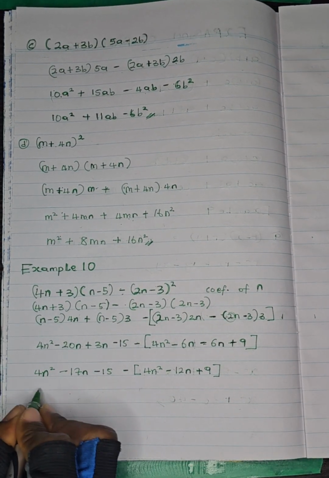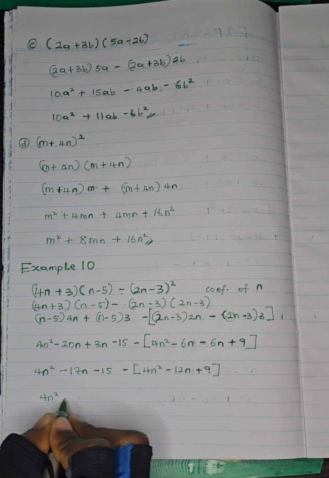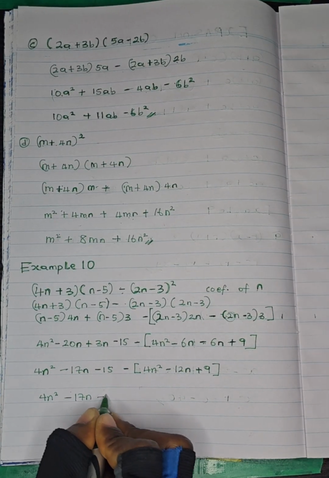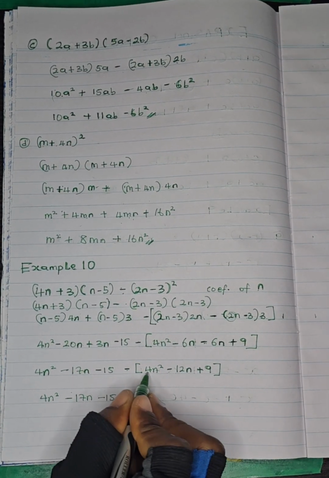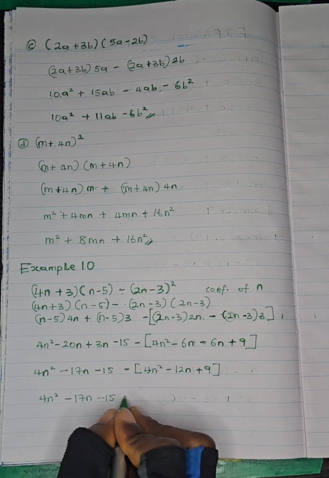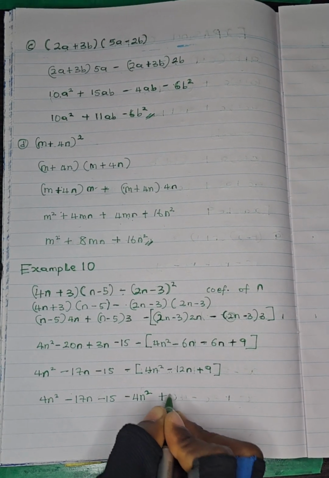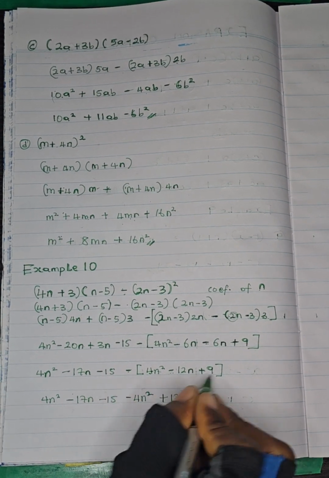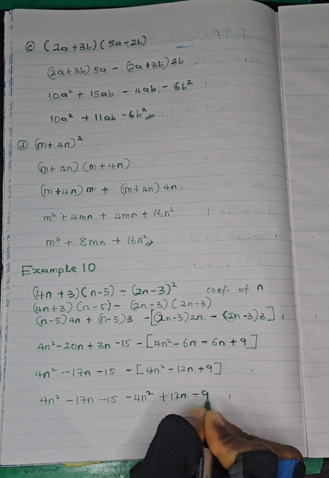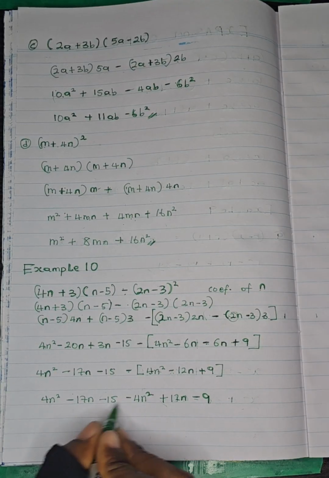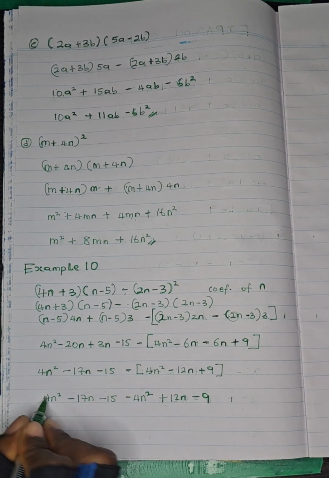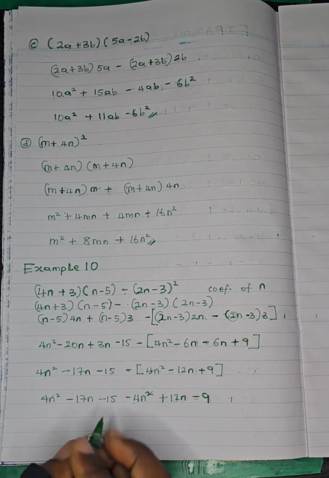So let's open up this bracket. We have 4n squared minus 17n minus 15. When you open the minus, minus times plus, we have minus 4n squared. Minus times minus, you have plus 12n. Minus times plus, you have minus 9. So when we have 4n squared, I have minus 4n squared, so both of them will give you 0.